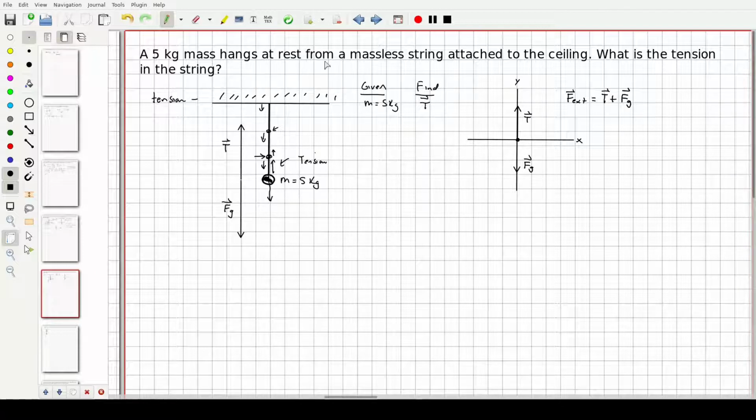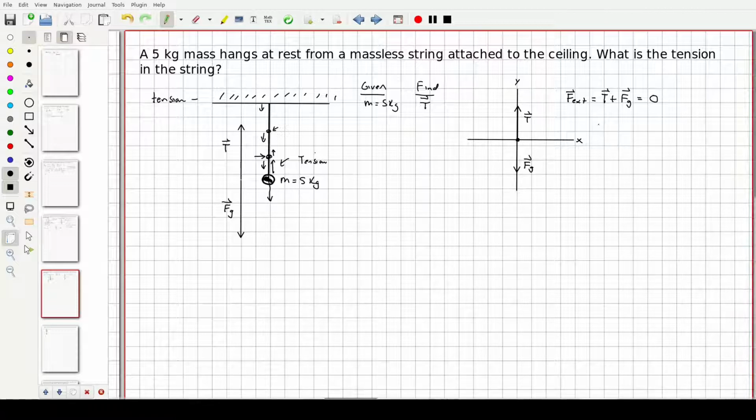Now, this thing hangs from rest, and as before, what that means is that it's going to stay at rest and that our forces, when they add up, give you 0. If I look here, the tension goes up the positive y-axis. It goes down, or the gravity rather, goes down the negative y-axis. There are no components of either in the x direction.